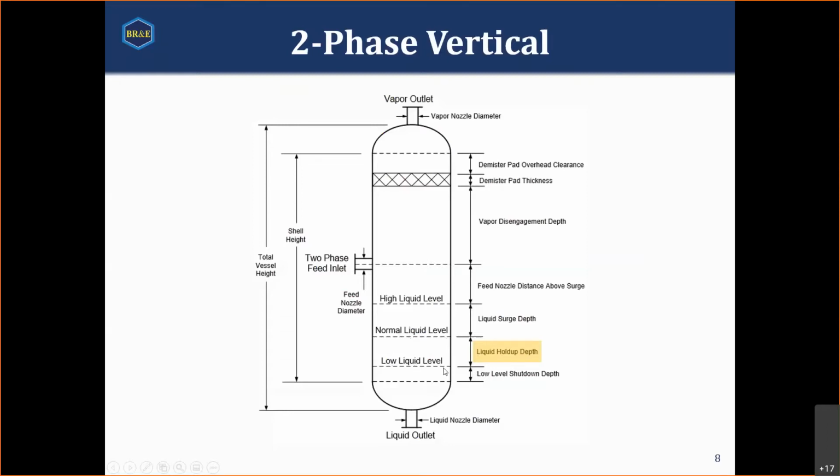Or alternatively, whenever the depth is calculated, it is going to be the height from the normal liquid level to the low liquid level, and then the volume is going to be calculated once ProMax determines what the overall volume of the vessel is.